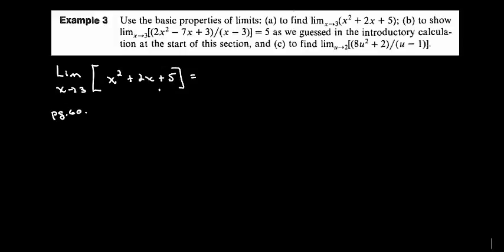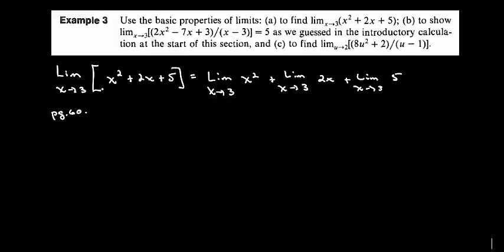So this is equal to, I can split this guy up like this. The reason I can do that is because each of these individual limits actually exists.